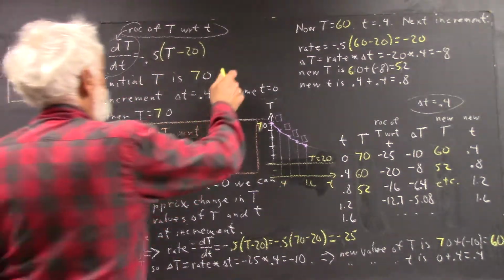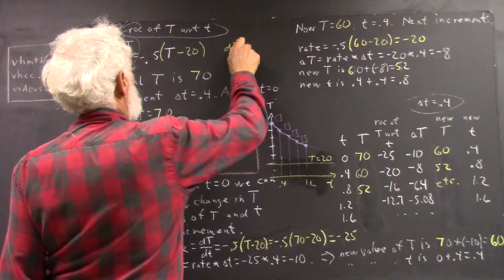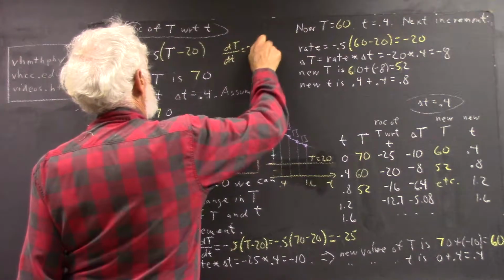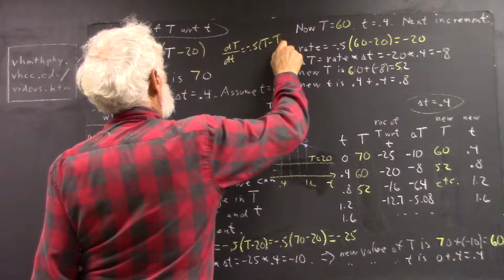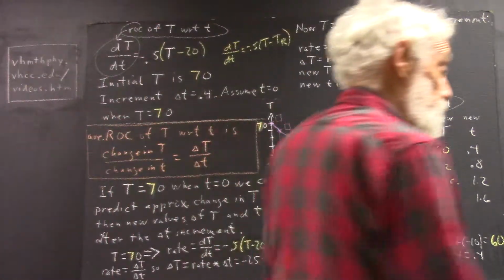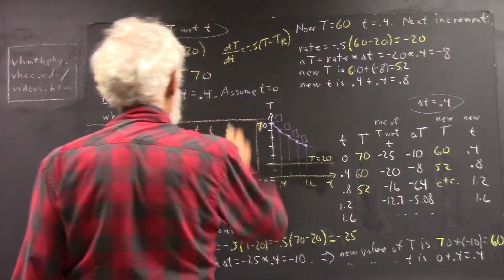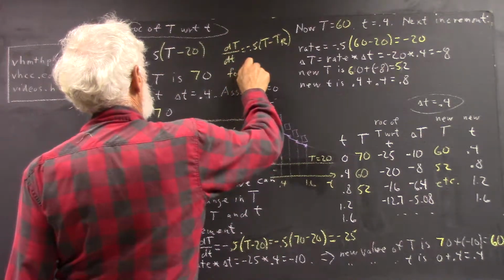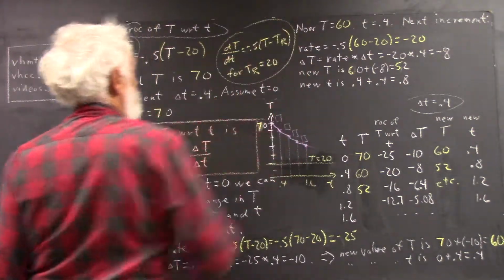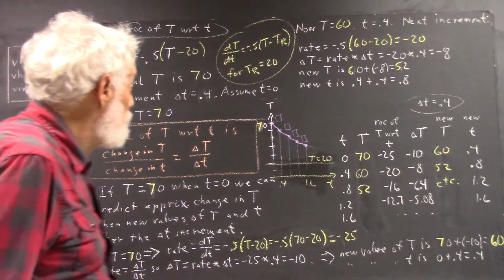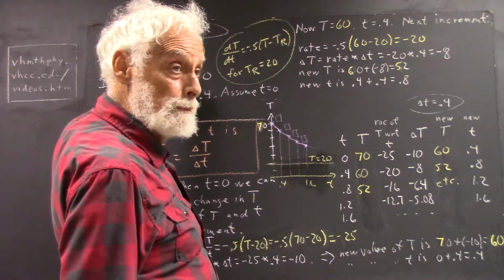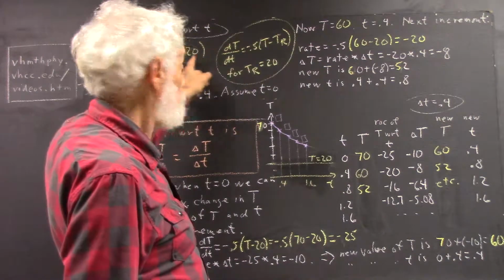So this would be the rule that was written on one of your problems like this, for TR equals 20. In the given problem, all you have to do is identify TR and you have your rule. If I tell you what the temperature of the room is, there it is.